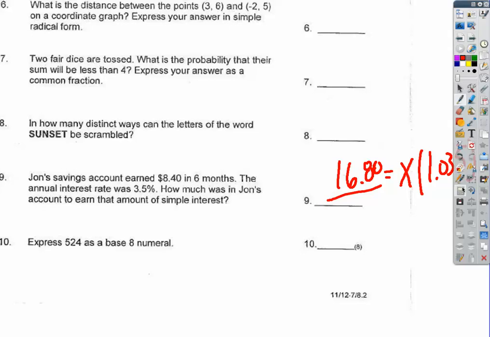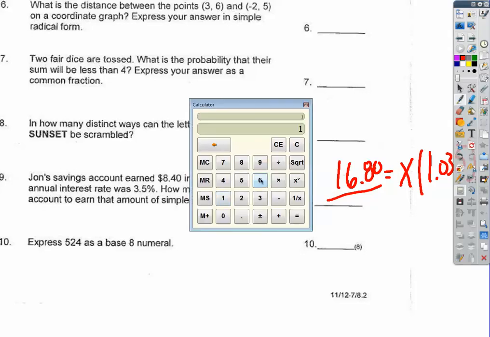So I'm going to cheat here and use a calculator. So 16.8 divided by 1.035. I'm getting something that is completely ridiculous here.